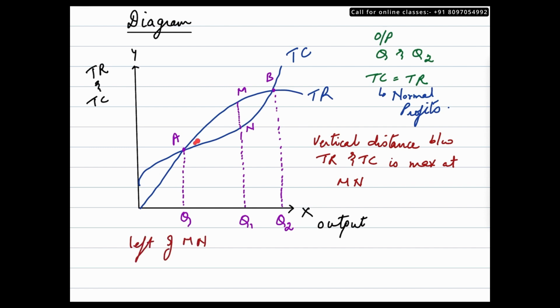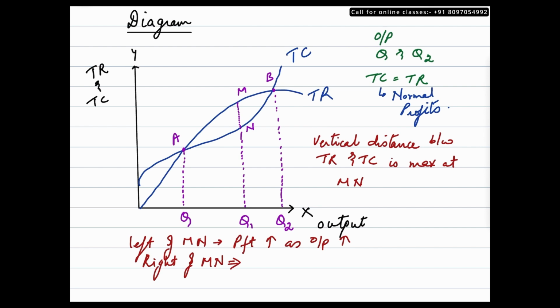which is this segment, we see that profit increases as output increases, right? This is becoming wider. And after this point, to the right of MN, what is happening? To the right of MN, what do we see?